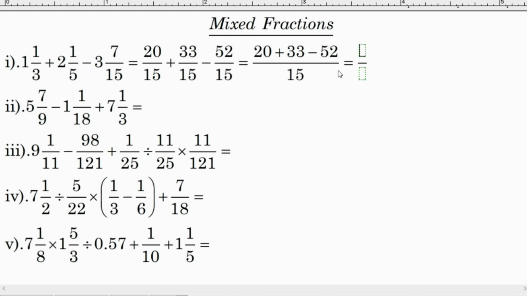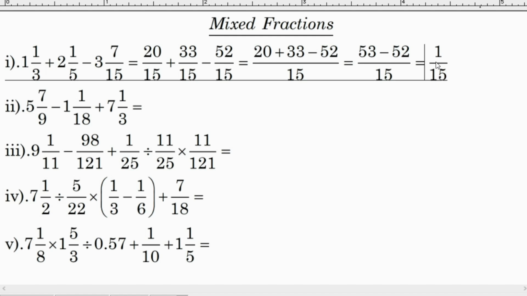So 15 is the denominator, and the numerator 20 plus 33 equals 53. 53 minus 52 equals 1, so the result is 1 divided by 15. So here's the final answer.